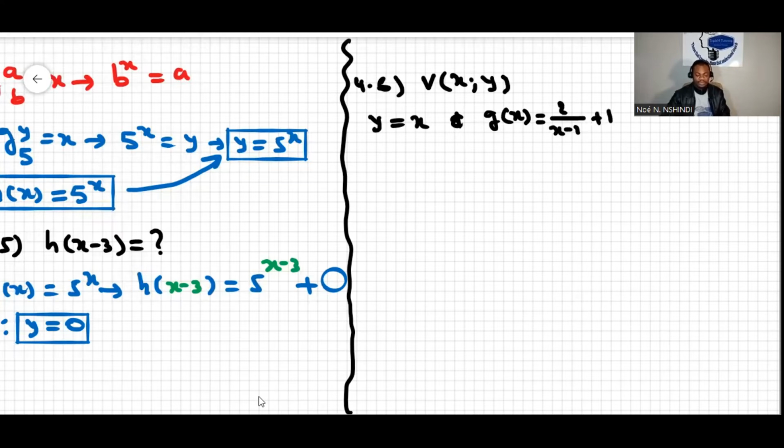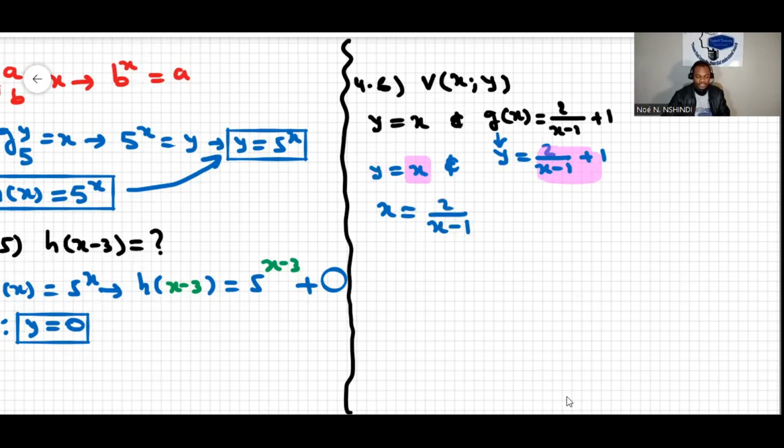Now we are going to equate the two equations, because g of x is just y. So that's 2 over x minus 1 plus 1, and there we have y equal x. So now we're gonna solve the two equations simultaneously, because this is y and that is y. So we're gonna set y, x, equal to this. So this will be x equal to 2 over x minus 1 plus 1.